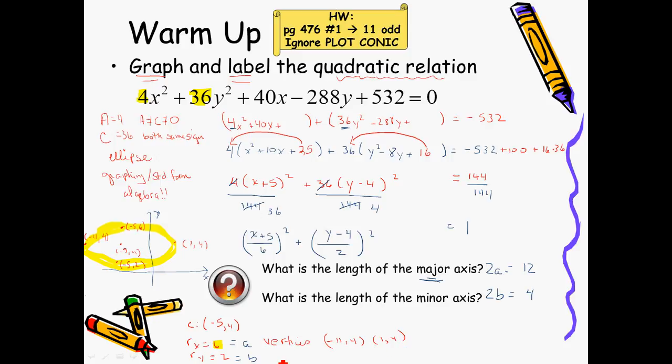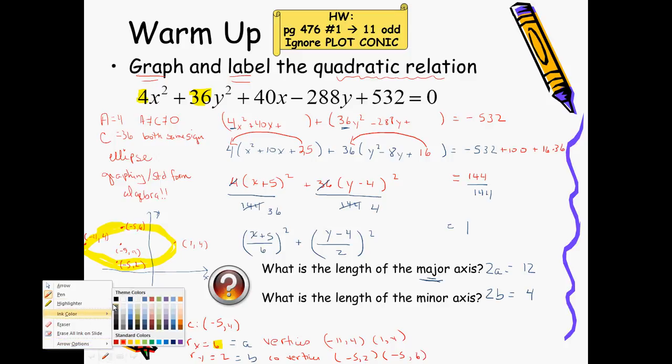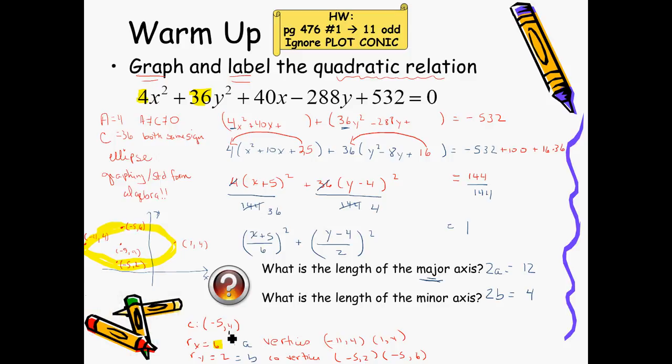And your co-vertices at the end of the minor axes would be -5, 2, and -5, 6. To find the co-vertices, I added and subtracted 2 to the y-coordinate, and I added and subtracted 6 from the x-coordinate for the vertices.